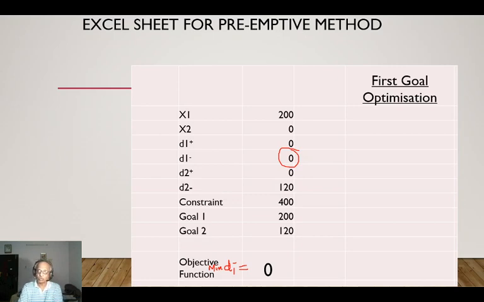What we'll do, we'll go for first goal optimization. So in this case, I'll go for minimization of D1 minus and solve the problem. And I will get D1 minus equal to 0.